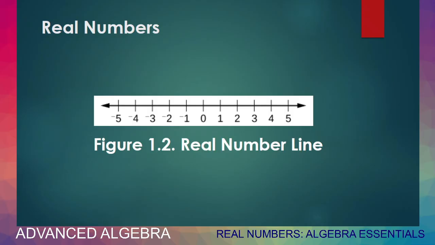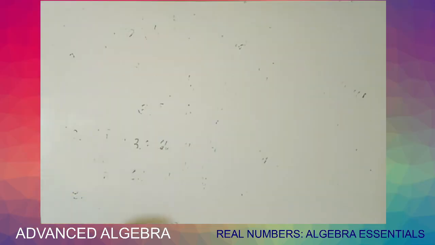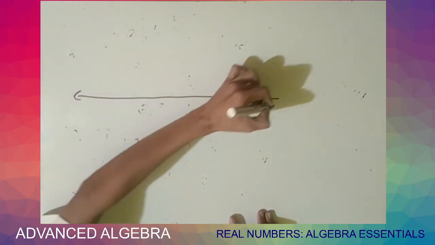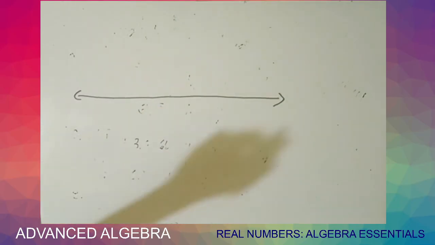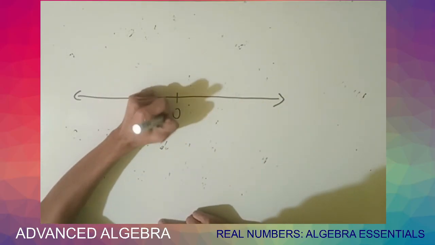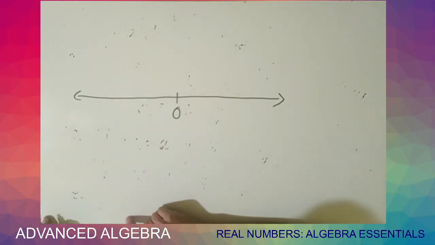Sulat natin sa ating board. So imagine nyo na lang na tuwid yan. Okay. So lagyan natin yung gitna natin ng 0. Then magbigay tayo ng example.